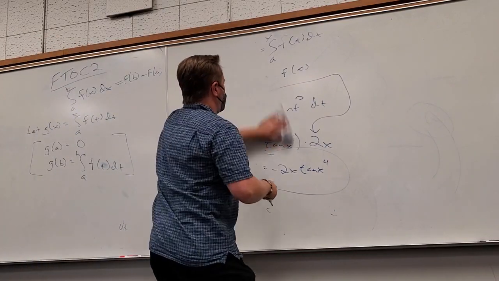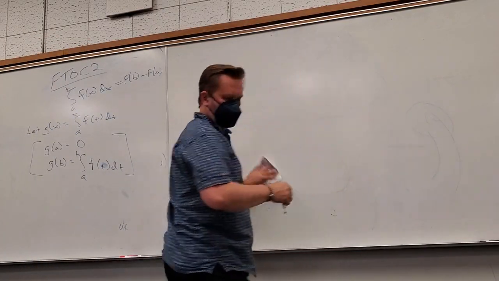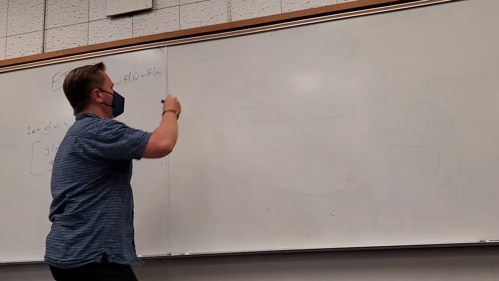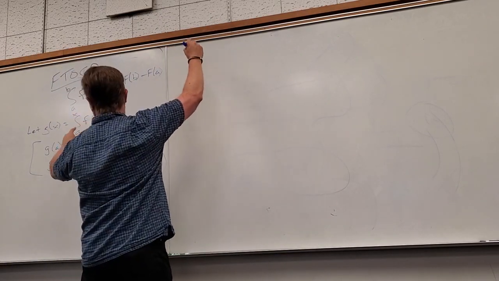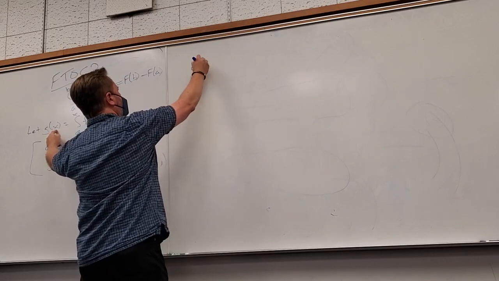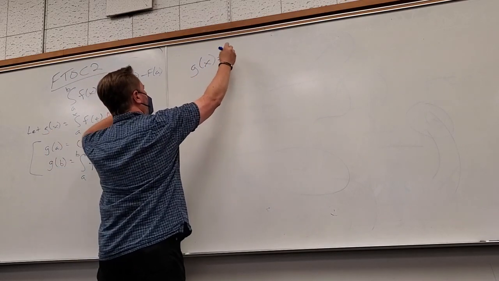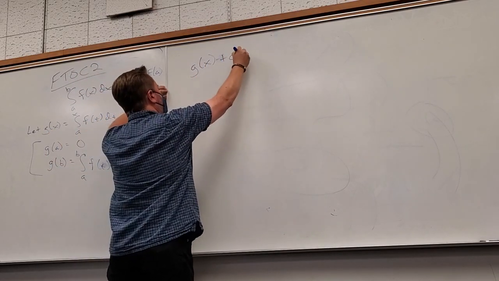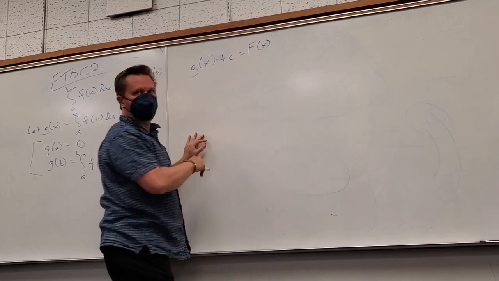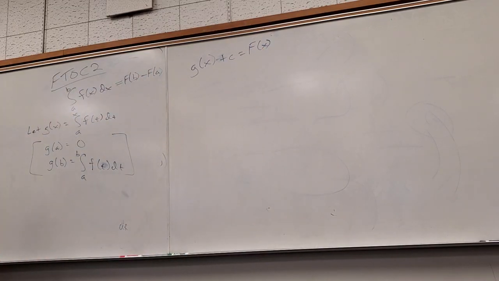Now, can somebody remind me? G of x, remember what we got earlier? G of x plus c is f of x, right? That's the result we got from f top 1. And that's actually my own second step to f top 1. They don't show that in the book, but that's got to do.